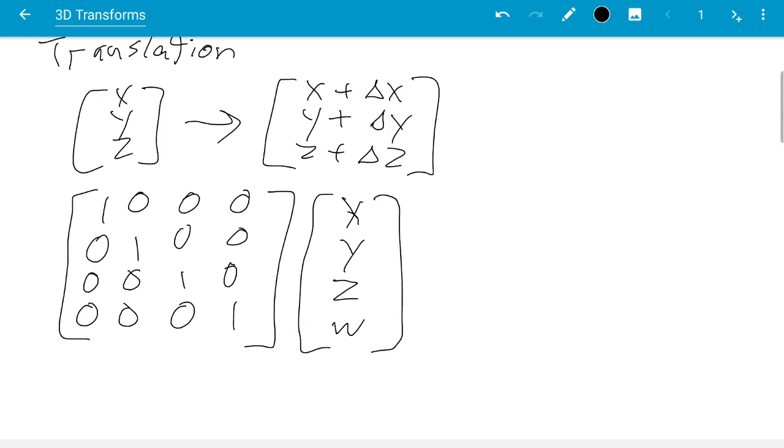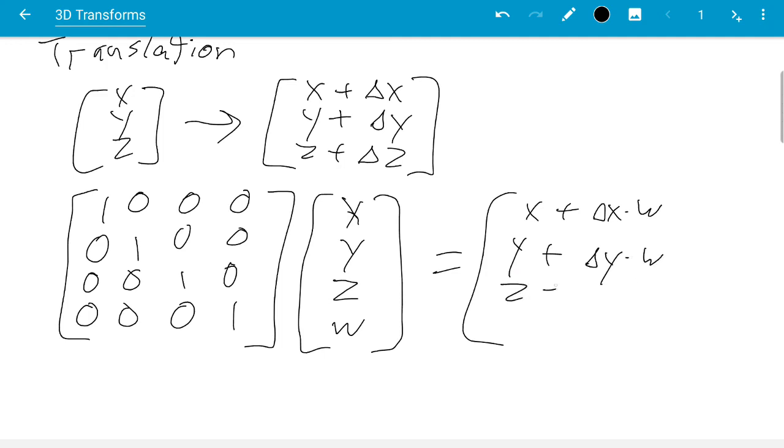If we treat w as 1, then we can have a mixture where we have x plus some number, delta x times w, y plus delta y times w, z plus delta z times w, and we'll end up with something for w as well, but let's ignore that for now.